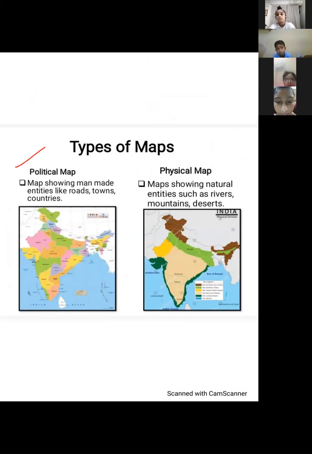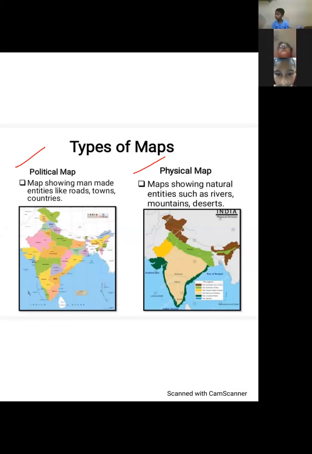Right side is the physical map that shows us all what God has made and is available to us through nature, like rivers, mountains, deserts, coastal regions. All of these will be shown on a physical map.